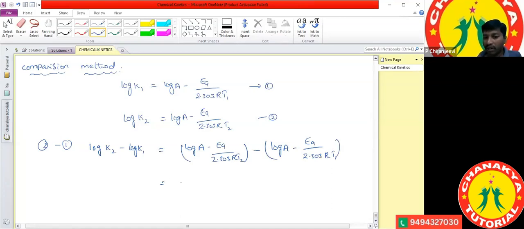How can we simplify? Log A minus Ea by 2.303 R T2.